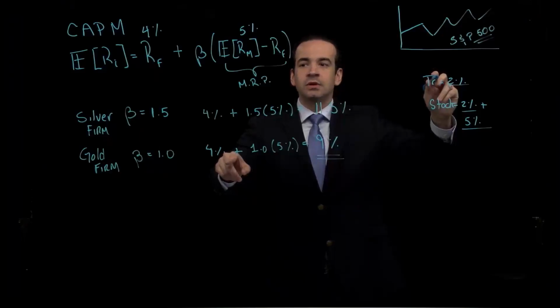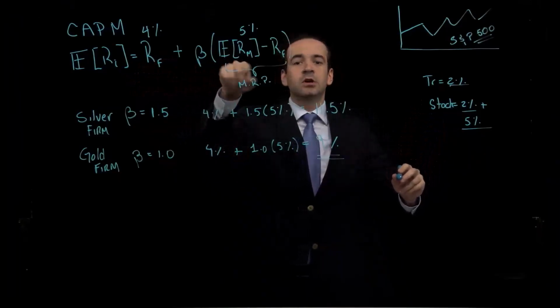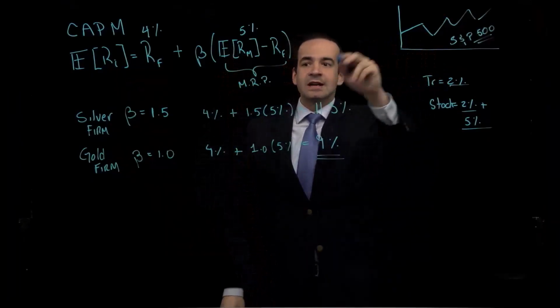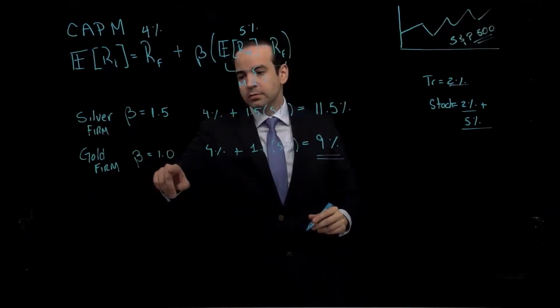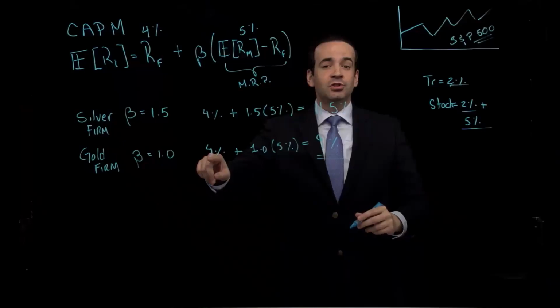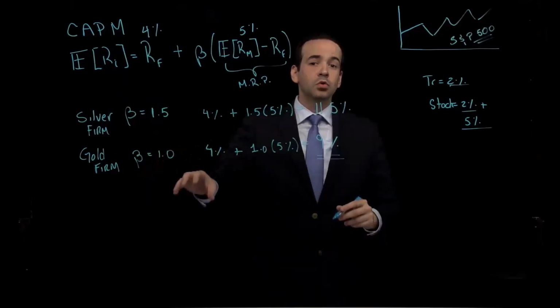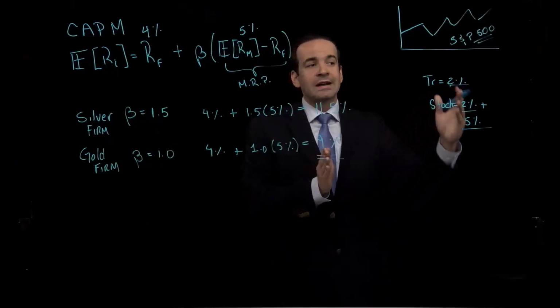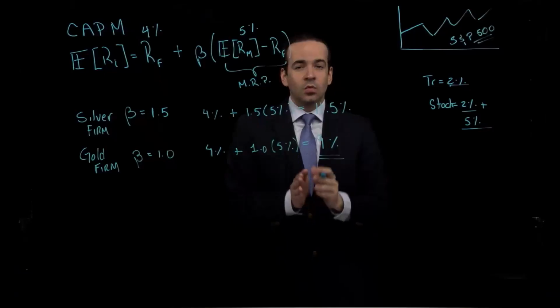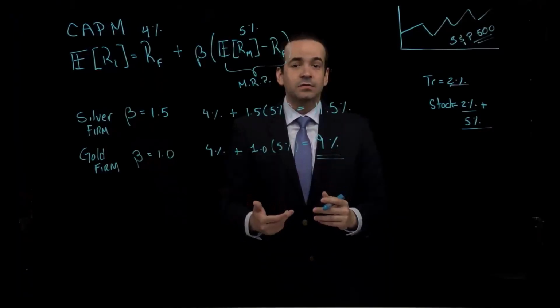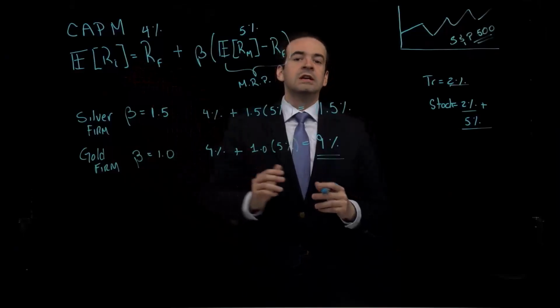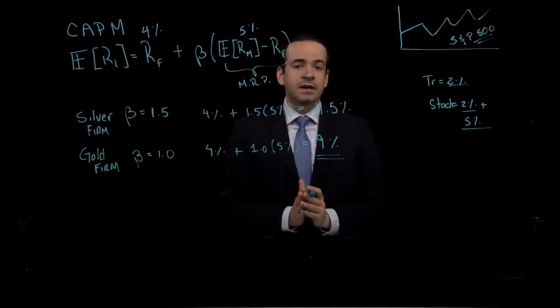So we just need to account for the risk-free rate and the market risk premium, and that is the expected return of the market. Gold firm having a beta of 1 is just telling us that the gold firm moves in a very similar pattern with the market. Whatever there is, there will be a volatility in excess of the predicted volatility by the model, and this volatility can be diversified by building a portfolio.